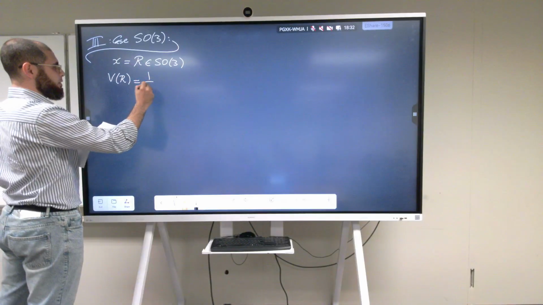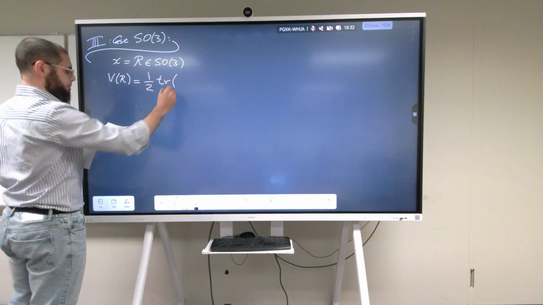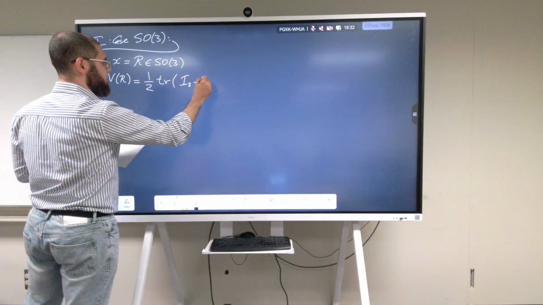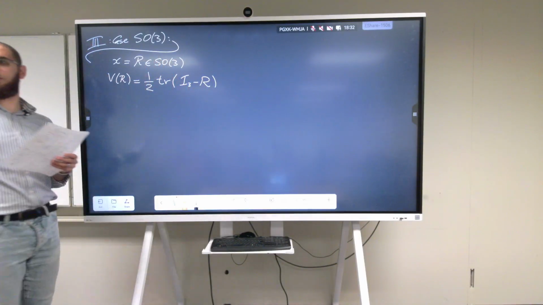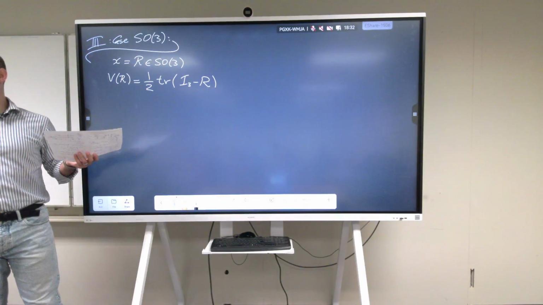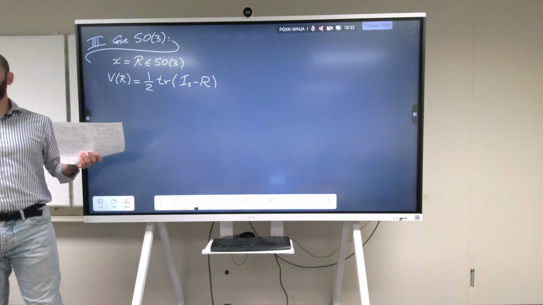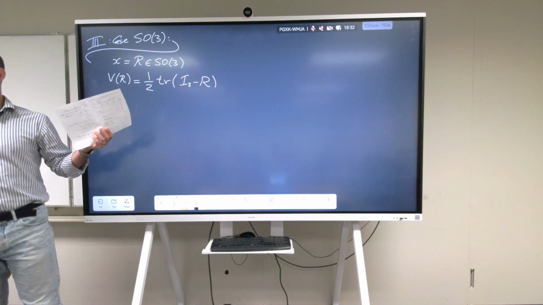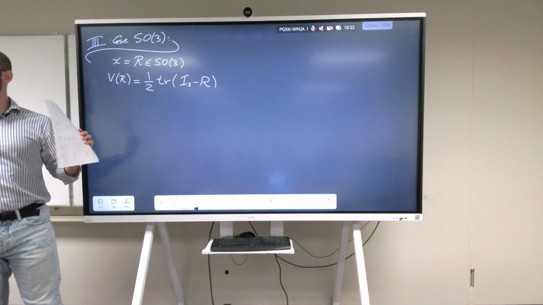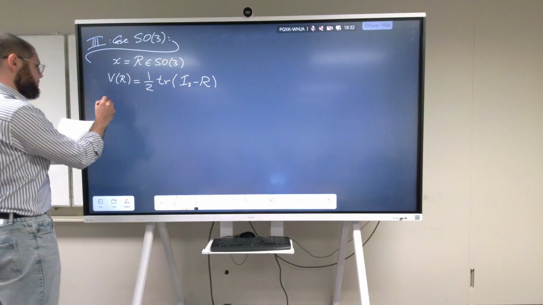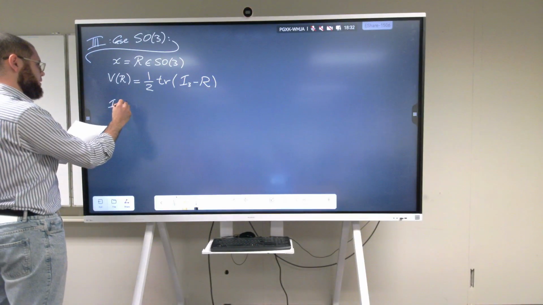It is half the trace of I3 minus R. I3 here is the identity matrix in 3 dimensions. Scalar function? Anything bothering you in it? I give it an R. What does it give me? A scalar. Make sense?